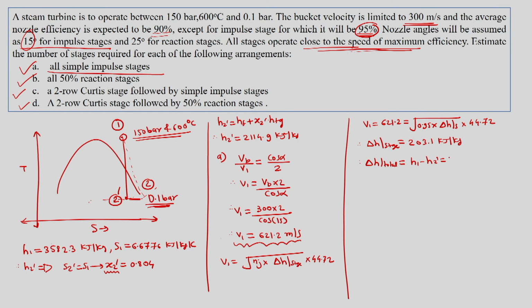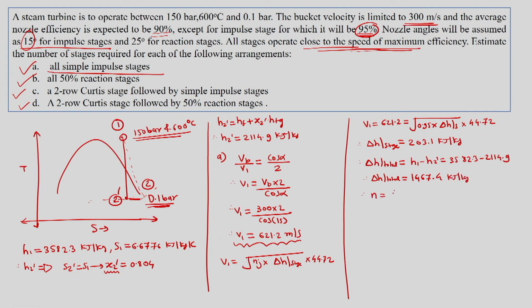But we have total delta H equal to H1 minus H2 dash, which is H1 3582.3 minus H2 dash which is 2114.9. So we have delta H total equal to 1467.4 kilojoule per kg.